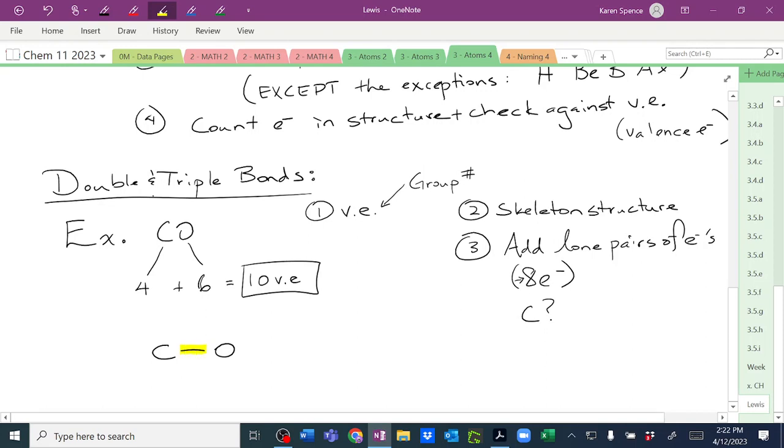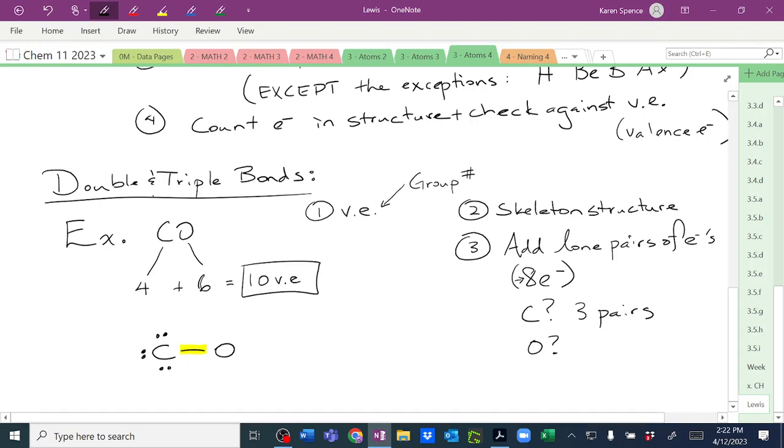Right now, how many electrons does carbon have? It's got a line, so that means it has 2. Does it want 2? No, it wants 8. So how many pairs do we need? We need 3 pairs. 1, 2, 3.